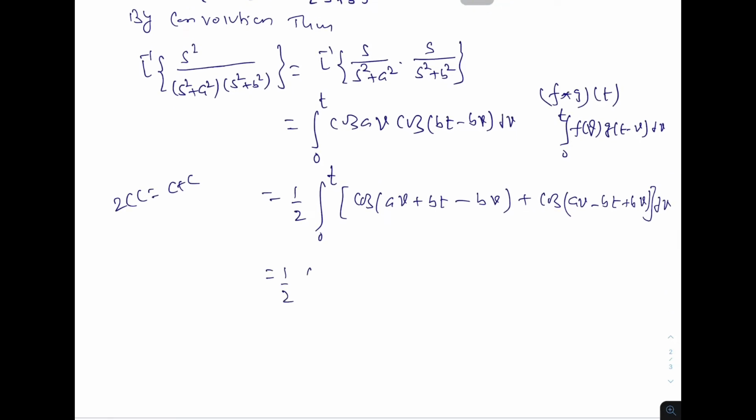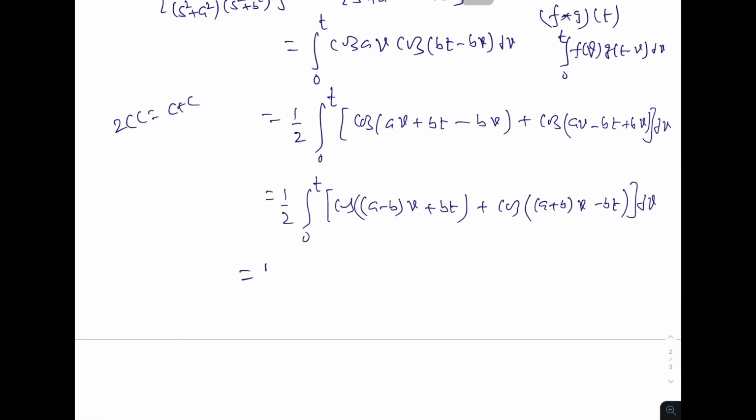So this is equal to 1 by 2 integration 0 to t cosine (a minus b)v plus bt, plus cosine (a plus b)v minus bt, dv.